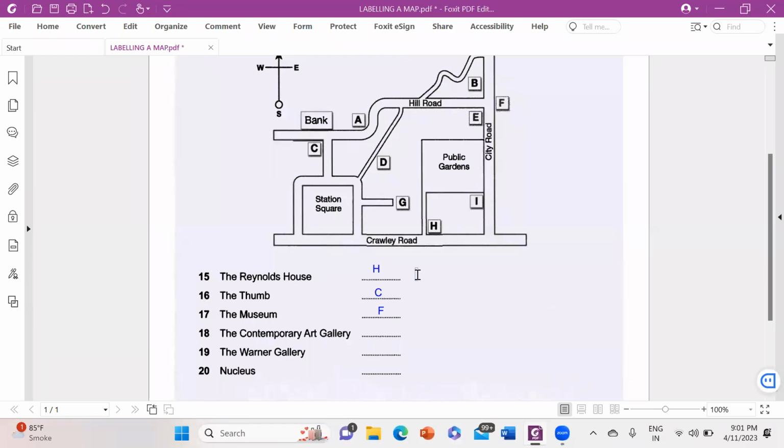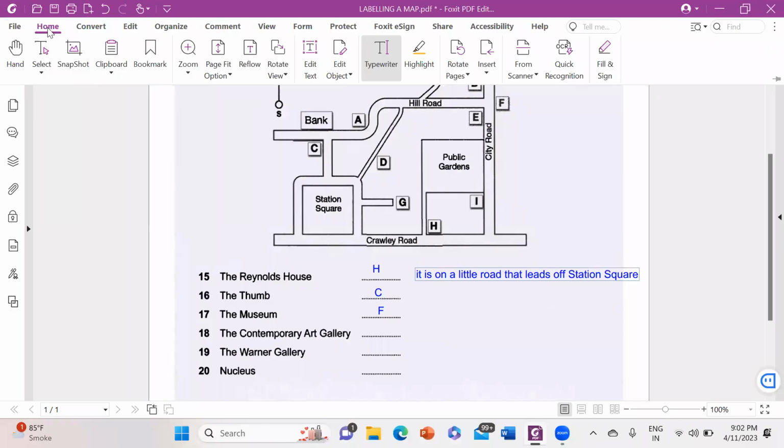They said it is on a little road that leads off Station Square. It was pretty straightforward, guys. I don't know why you got confused. Do you see this little road, short road, dead end road?